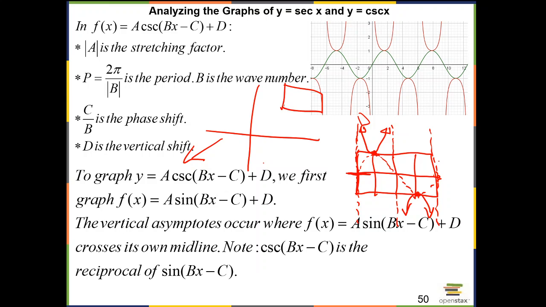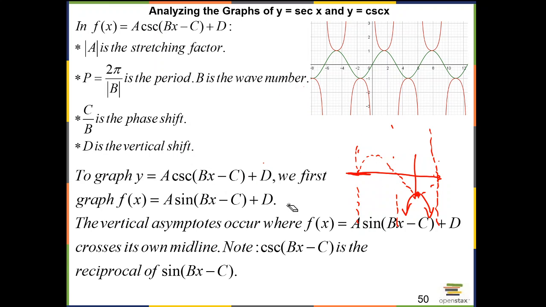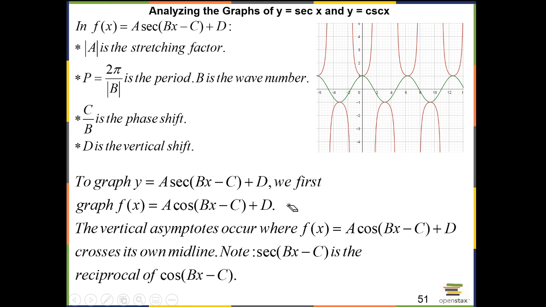Let's say you get a rectangle up here, right? Still, the vertical asymptotes would be at these points. So you graph them where it crosses its own midline.